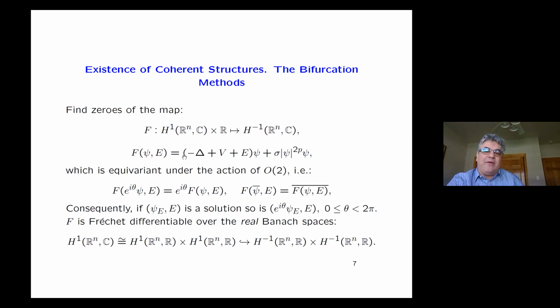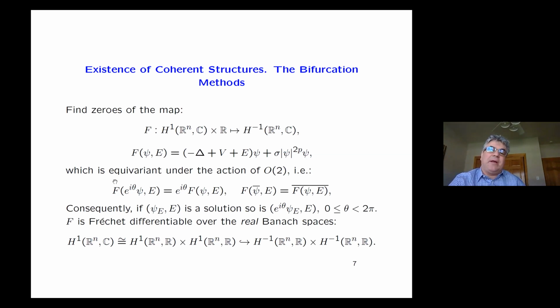So what we have is the eigenvalue problem in which minus E phi has been moved to the right, so the result should be 0. If I find the zeros of this function, and this function is well defined from H1 cross R, where R is the eigenvalue parameter, with values in H minus 1, and if I find all the zeros of this map, I'm done. I have found all the coherent states.